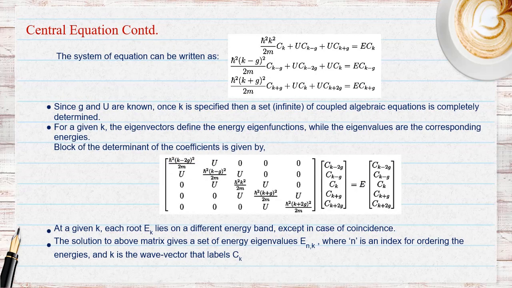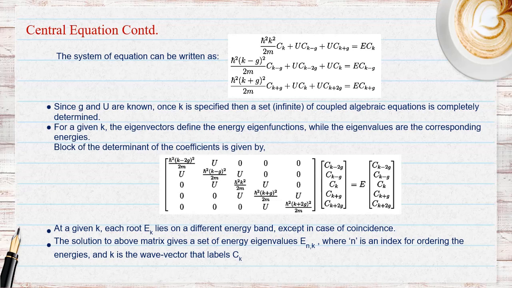Now the equations from the central equation using the primitive lattice translation small g. The first equation represents the general wave equation we derived, that is ħ²k²/2m Ck + U Ck−g + U Ck+g = E Ck.